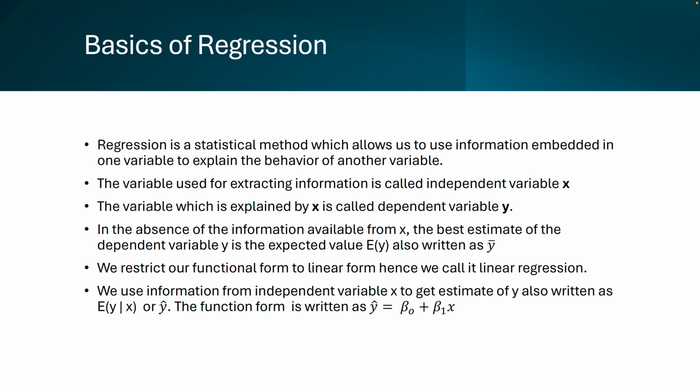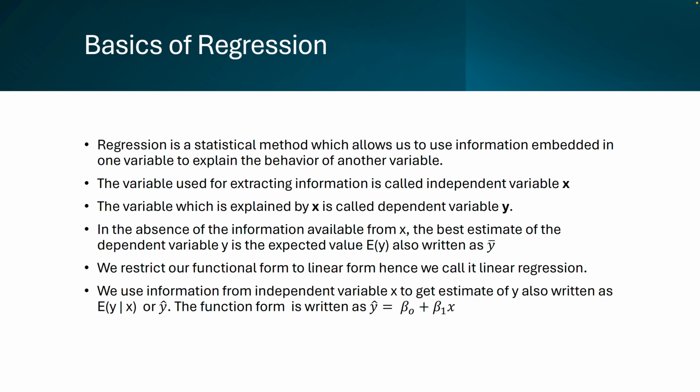It is important for us to understand that y bar forms the base case for comparison with the modeling that we do. So how much gain or how much advantage we got by including the information from x tells us the value of modeling.